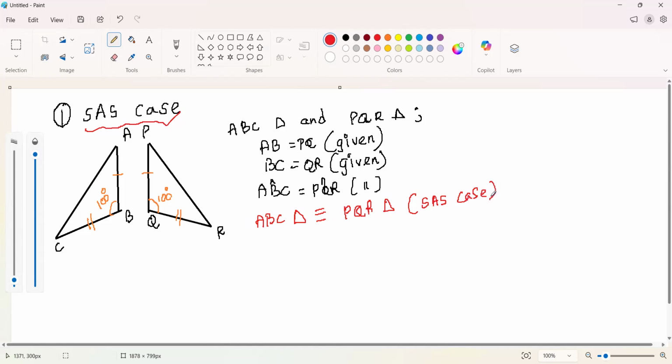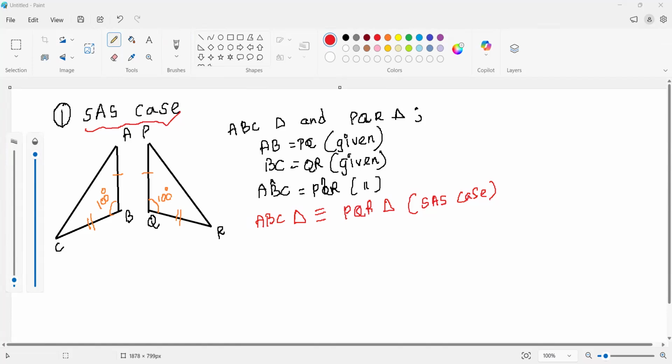What is the condition? It should be the side angle side case. There should be two sides, and it should also have the corresponding angle. Not only the angle, it should be the corresponding angle. Clear? Can you write that down?